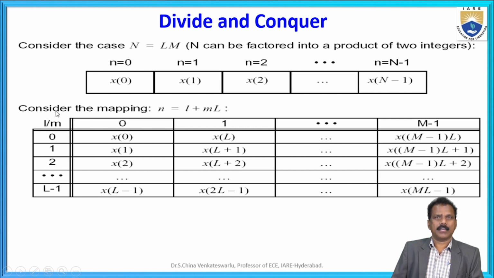For l equal to 2, x of 2, x of L plus 2, and so on, x of (M minus 1) times L plus 2.